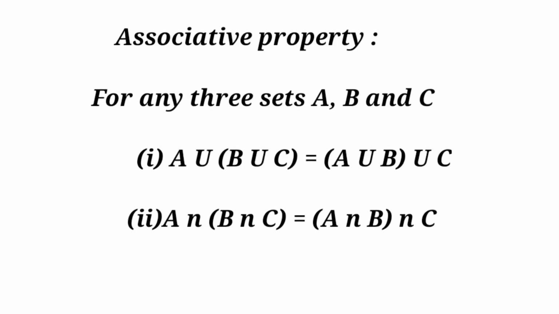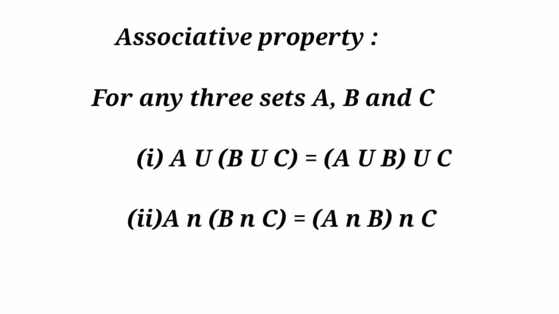Second one, associative property. Associative property for any three sets A, B and C. First, (A union B) union C is equal to A union (B union C). Set union is associative.